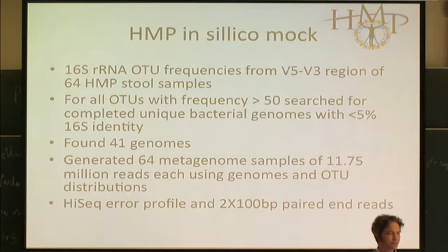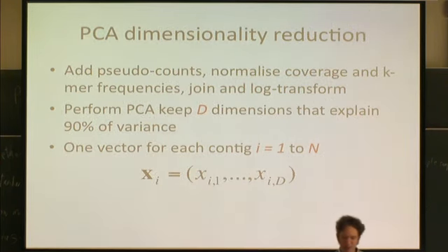So the matrix you do, the contig is a row, columns are the what? So before I've done the transformations, I've joined together two vectors. The first vector has columns corresponding to Kmer frequencies. The second vector has columns corresponding to coverages across samples. Okay? Then I do the PCA. So now the columns actually contain mixed information from composition and coverage.